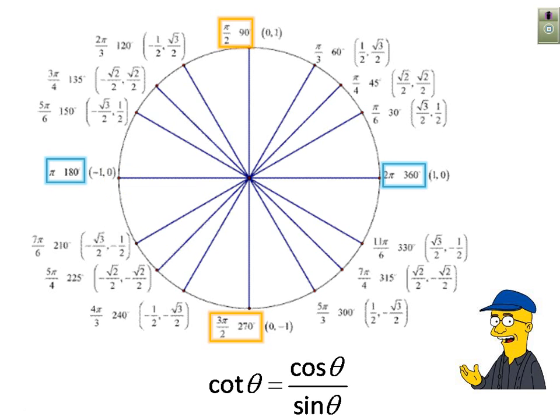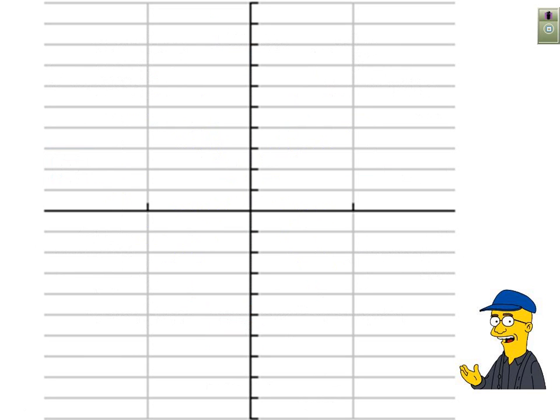So let's see if we can put this information together and figure out what the graph of cotangent looks like. And I'm going to look at the interval from negative pi to pi. Remember that that's where asymptotes occur.